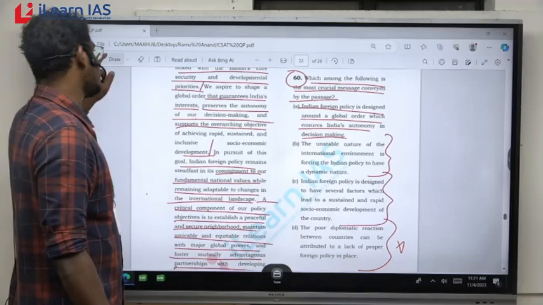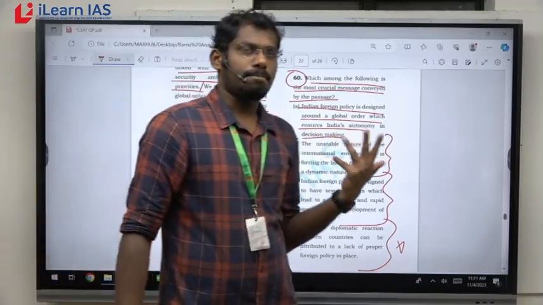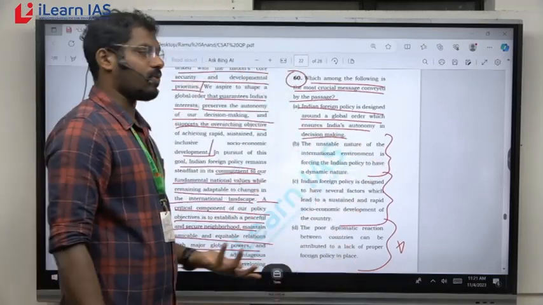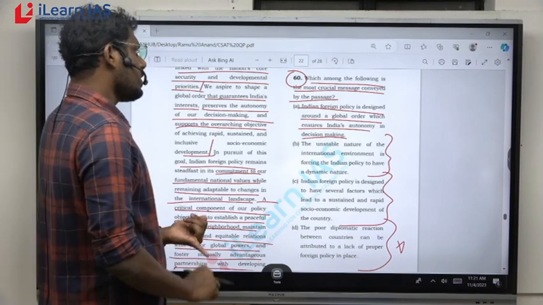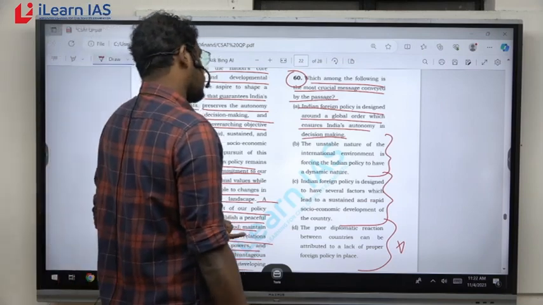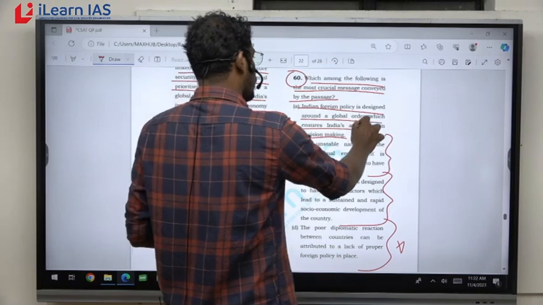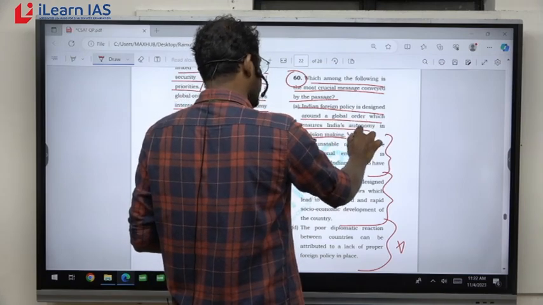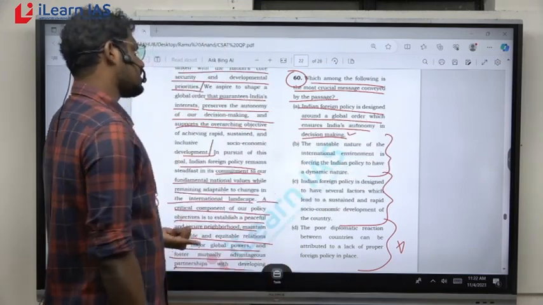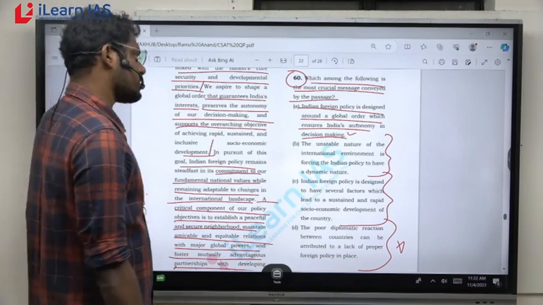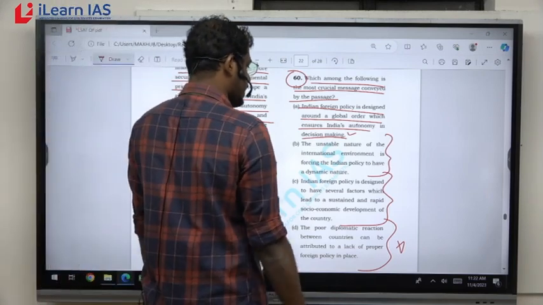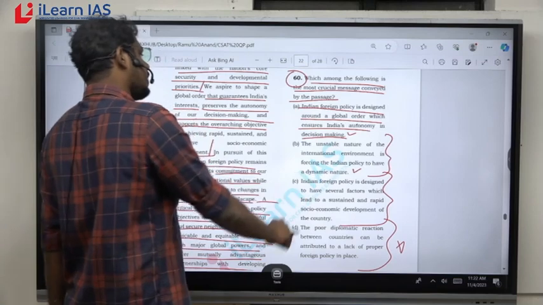So actually the passage deals with the priorities or the nature of Indian foreign policy. Indian foreign policy is designed around a global order which ensures India's autonomy in decision making. Okay, it can be correct. The unstable nature of the international environment is forcing the Indian policy to have a dynamic nature. Okay, the statement is partially correct.